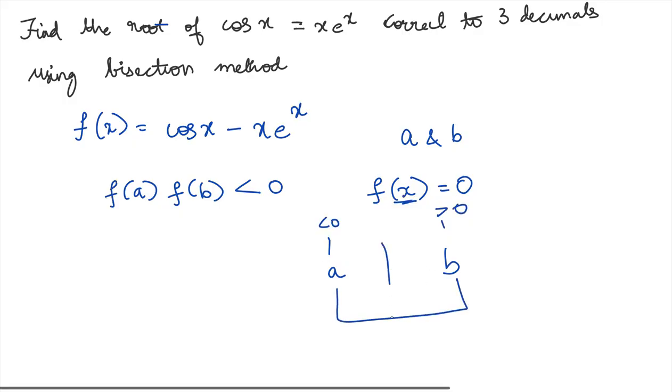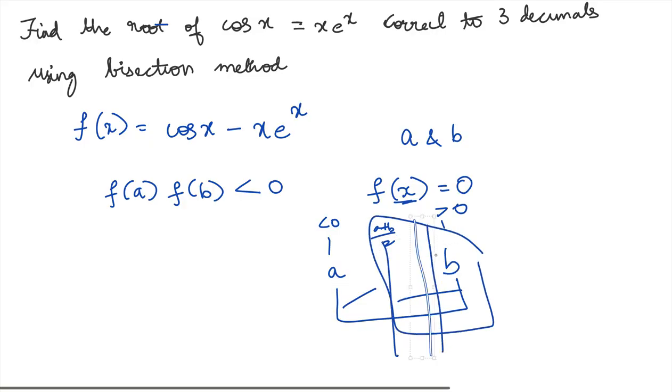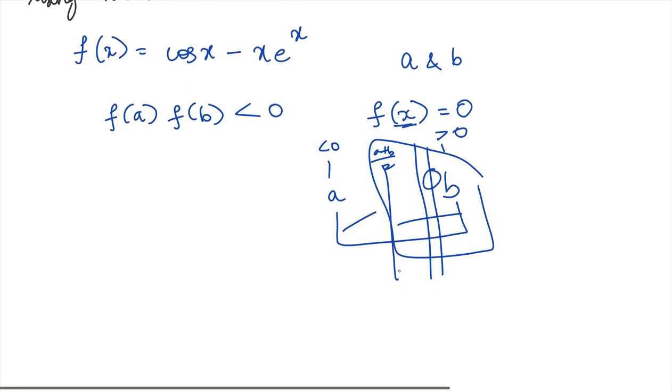What we do next? We just divide the interval. We find the middle value a plus b by 2, and then we see if the root is between this half or this half. Let's say the root is between this half. Then we keep shrinking the interval further and find out the root. So that is how we do using bisection method.